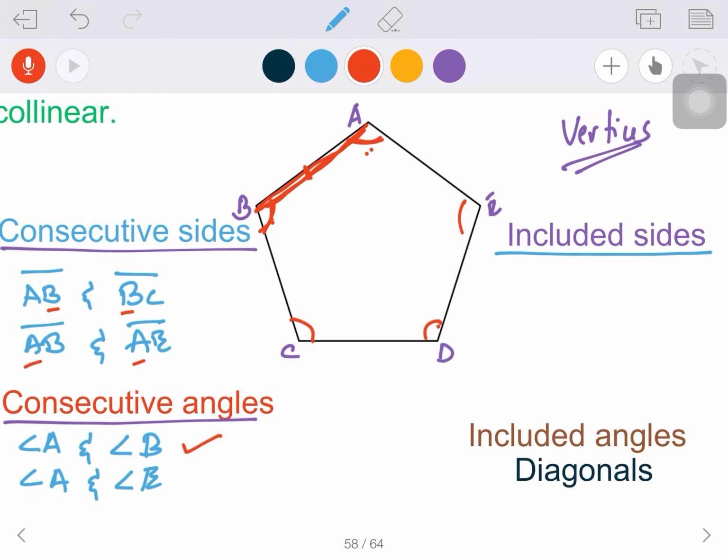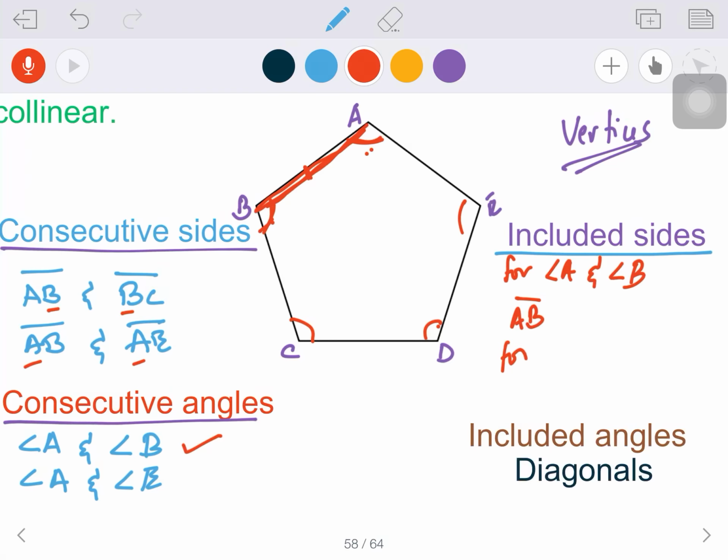This side is the included side of angle A and angle B. So for angle A and angle B, the included side is segment AB or side AB.